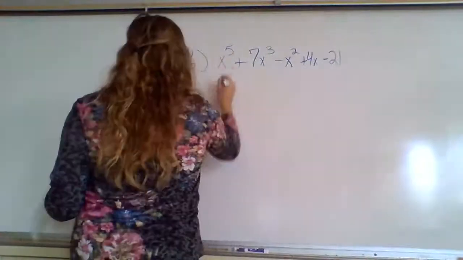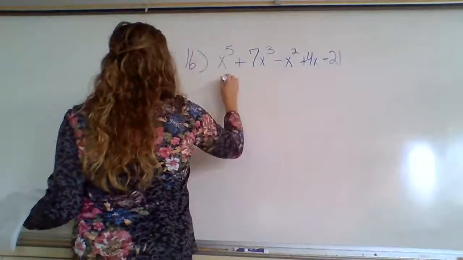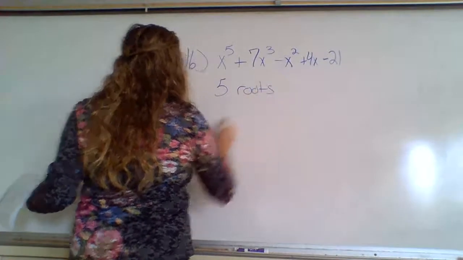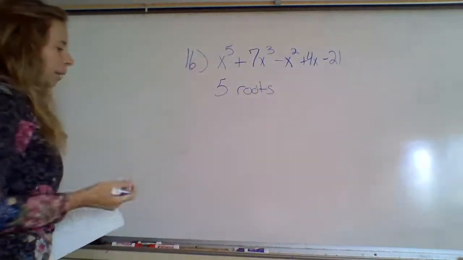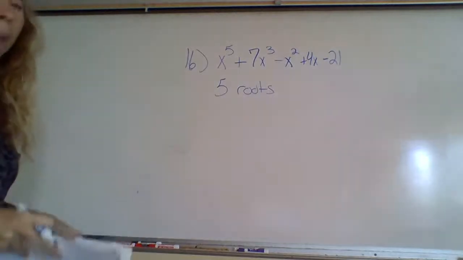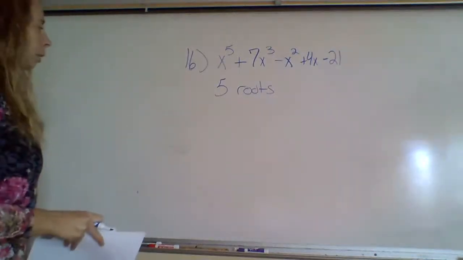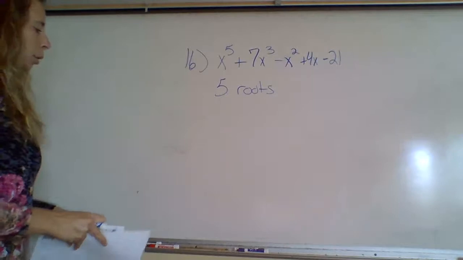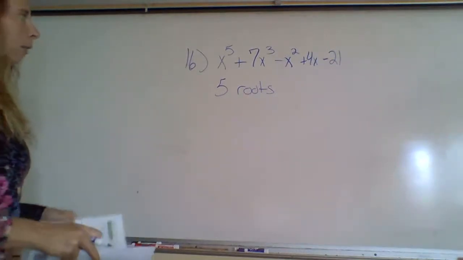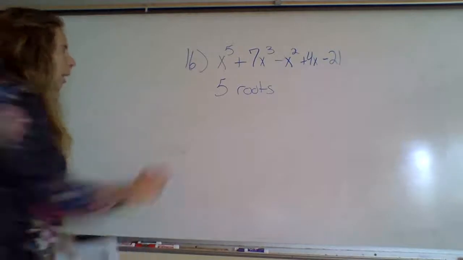So going off the highest power, there will be 5 roots. That doesn't mean they're all real; they might be a mix of real and imaginary. So 3 of them might be real and 2 might be imaginary, but there will be 5 of them total. So it's based on the highest power.